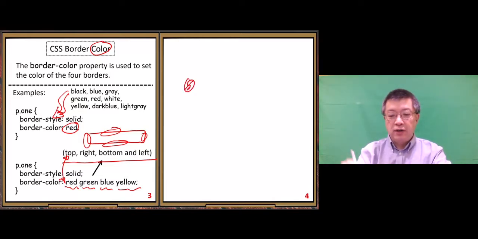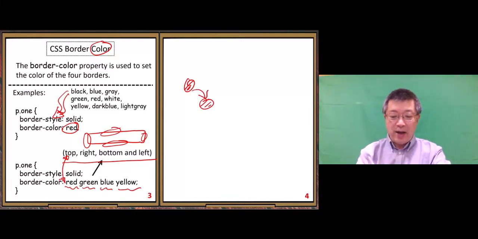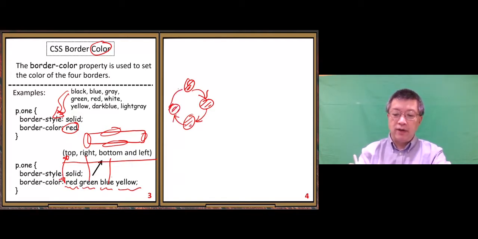Here you can see clockwise. Top first. Right after top, you move to right, clockwise, like the clock. Then bottom. Then finally left. Clockwise, but start from top.